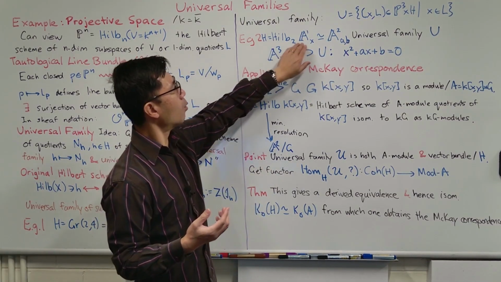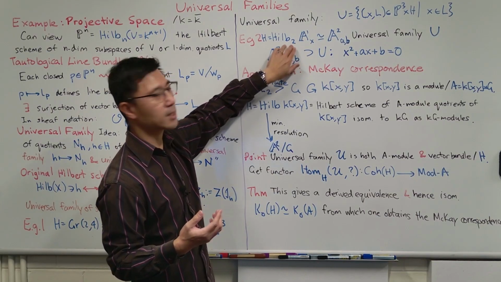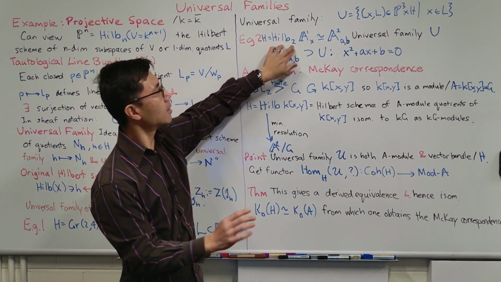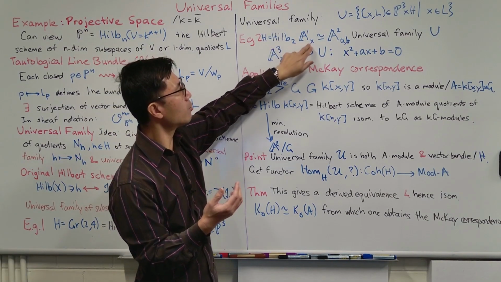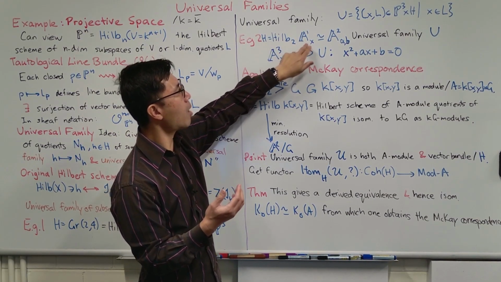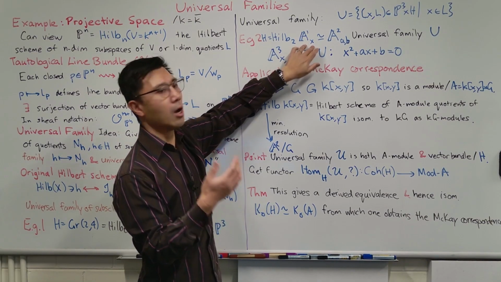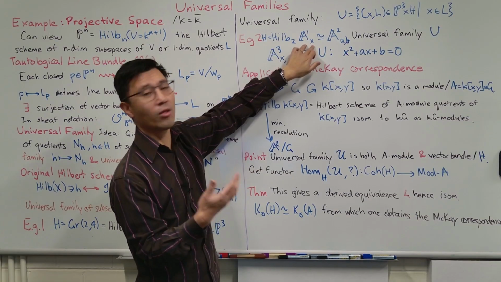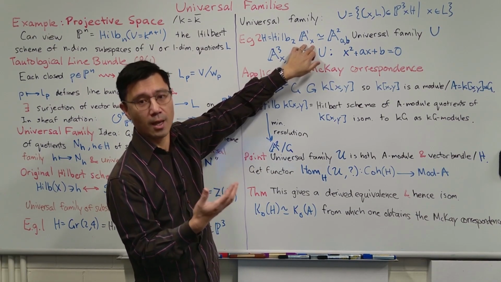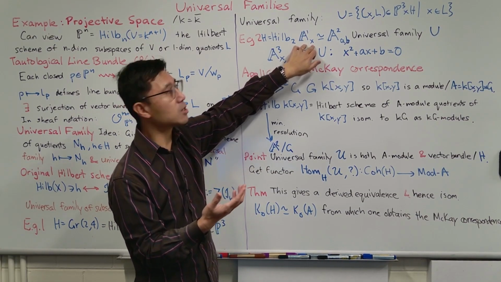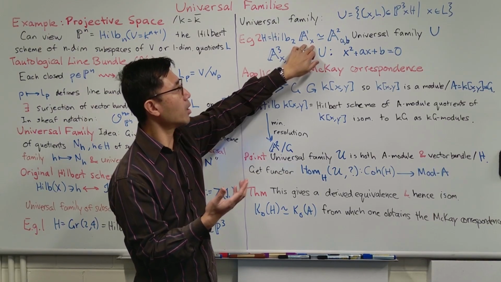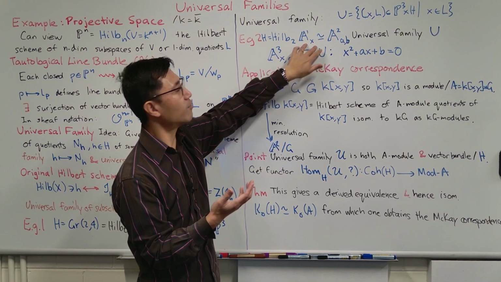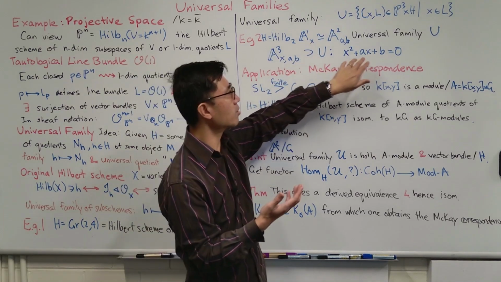Remember what we do when we look at this Hilbert scheme. The way we define it is we look at ideals inside the coordinate ring, so ideals in the polynomial ring K[x], such that they are codimension 2. Now all the ideals inside the polynomial ring, remember, it's a principal ideal domain, so these are given by some monic polynomial which generates that ideal, and if you want the codimension to be 2, you need it to be degree 2.